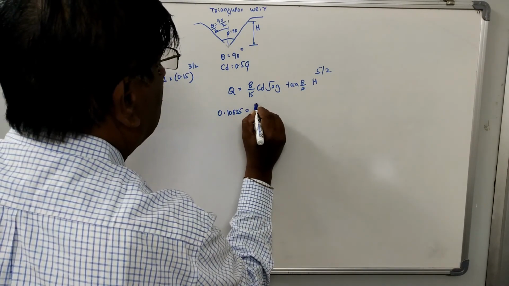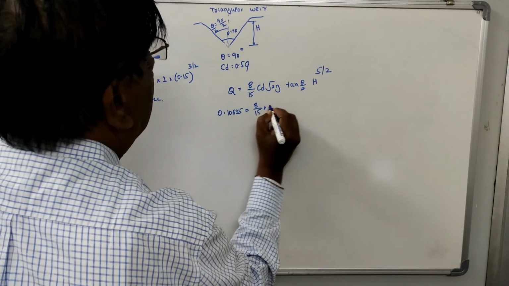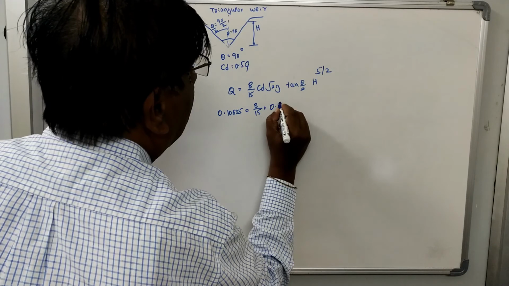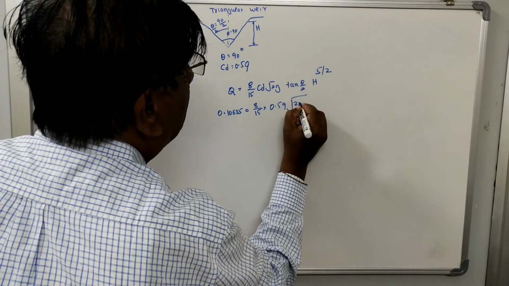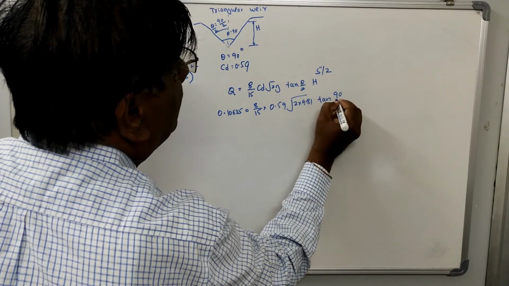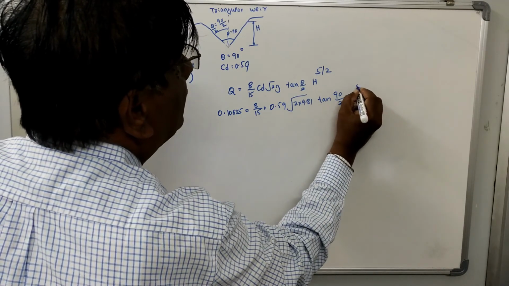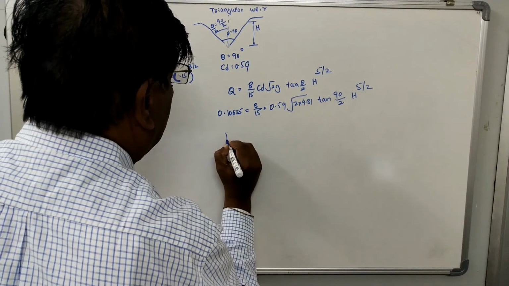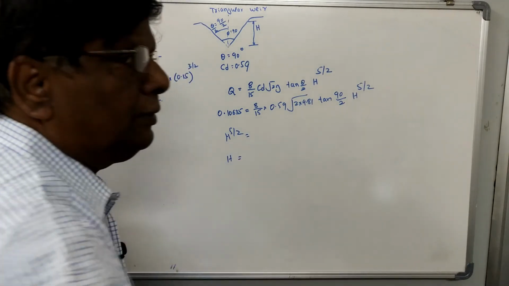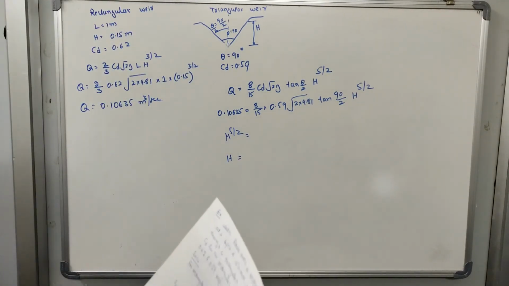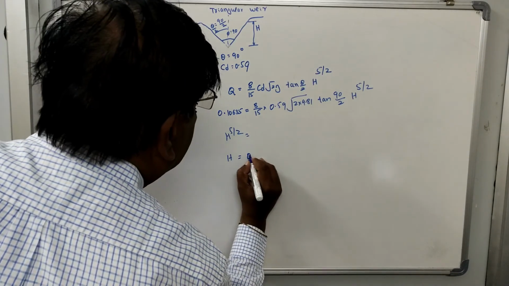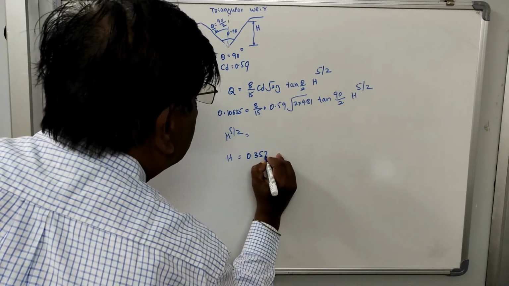This is equal to 8 by 15, then the coefficient of discharge for the triangular notch is 0.59, root 2 into 9.81, tan 90 by 2. So you have to find H raised to 5 by 2. Therefore, H raised to 5 by 2 you find first, then you find H. Please simplify all these things. The final answer is 0.3572 meter.